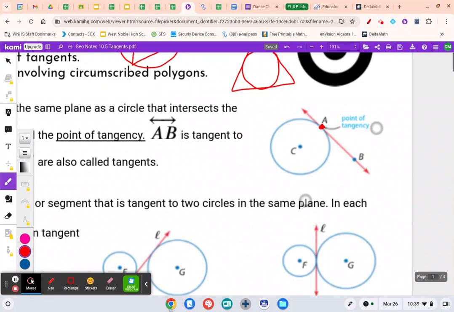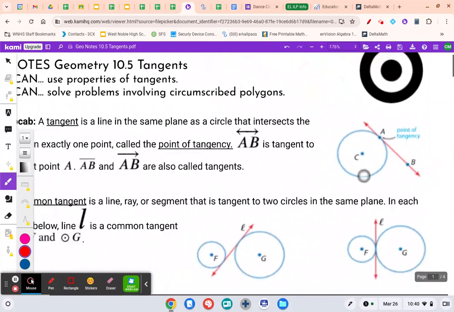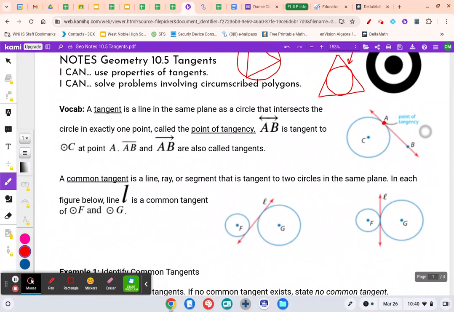It looks a little weird because it seems like it connects in multiple spots. Technically, there's infinite points around a circle, and it's only touching at one point. So we have line AB is tangent to circle C at that point A. Segment AB and ray AB are also considered tangents.